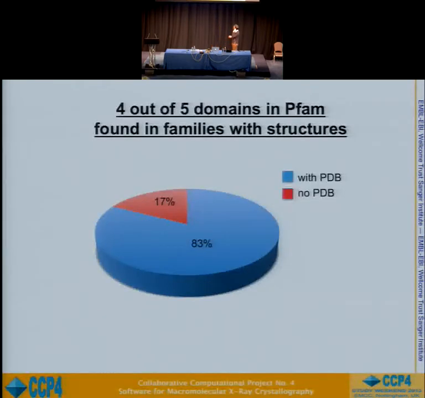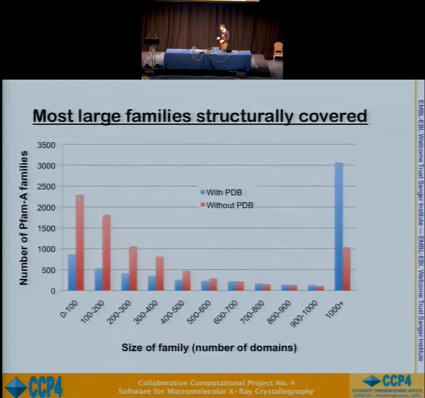So the first thing, which is interesting, is I told you that 57% of the 15,000 PFAM families have no structural representative. But if you look at the domains that are in these families, in fact, only 17% are not covered. The reason for that is that we cover the large families well.